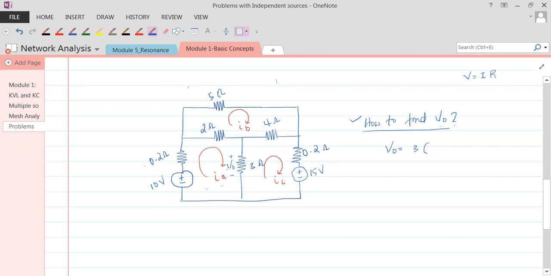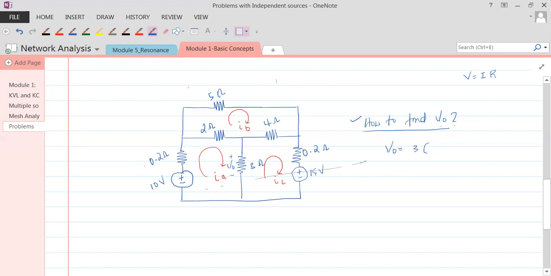Among IA and IC, which current is approaching the positive sign of V naught? That you need to look at. If you see the current flow, IA is approaching the positive sign of V naught, and similarly IC is approaching the negative sign of V naught.